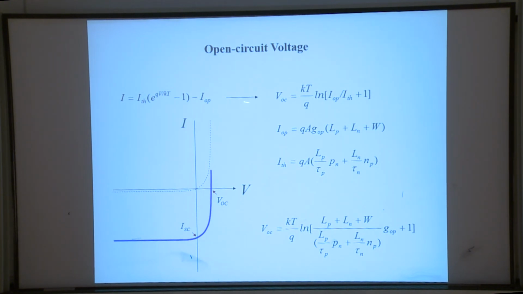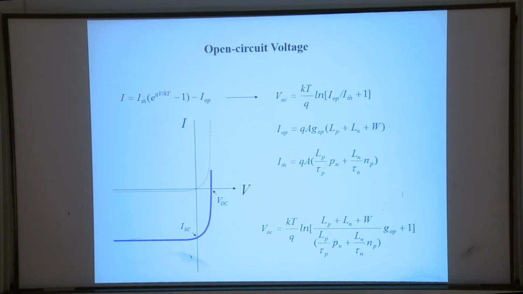And with this equation, it's very easy for us to calculate the VOC, because VOC is the voltage when the current is 0. So we can put 0 here and rearrange the equation to get V, which at that time is VOC.